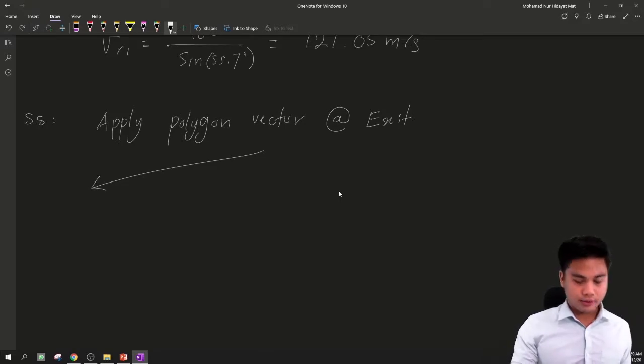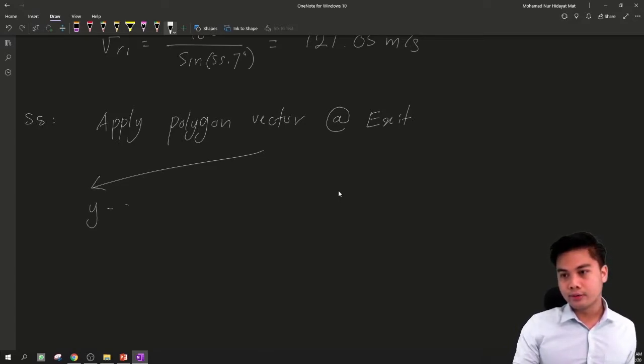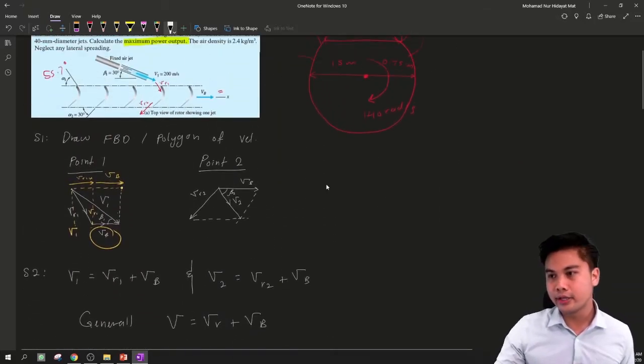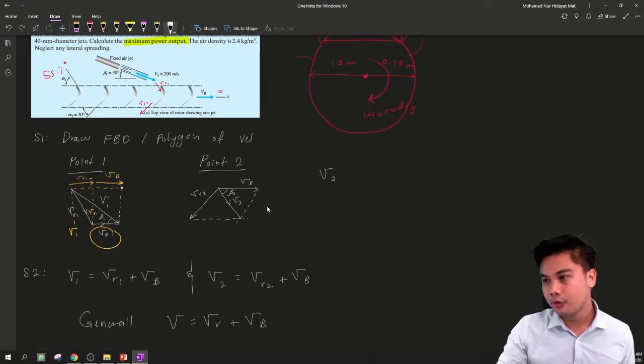So let's take a look at the Y component, Y axis. So what's the Y axis here? Let's take a look at the polygon. The Y axis, V2Y. When we do the sine, in order to get V2Y, it is actually V2 sine beta 2. And V2Y as well.